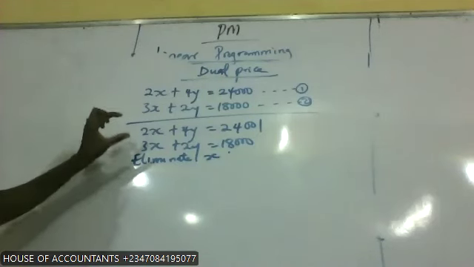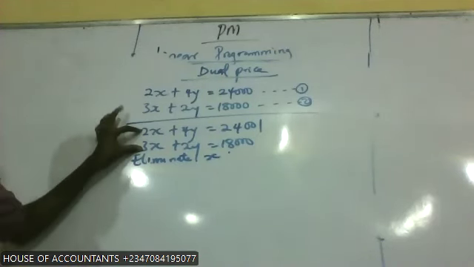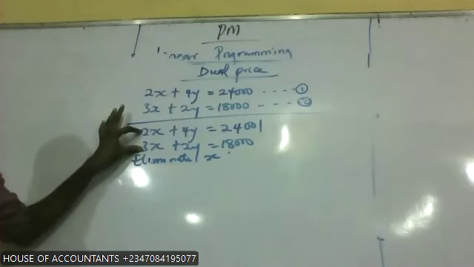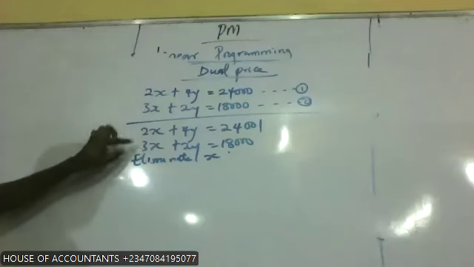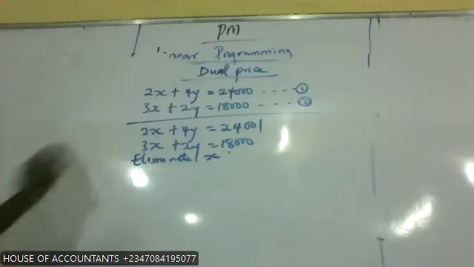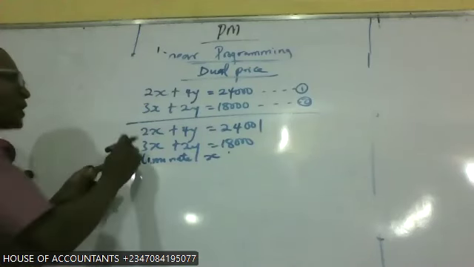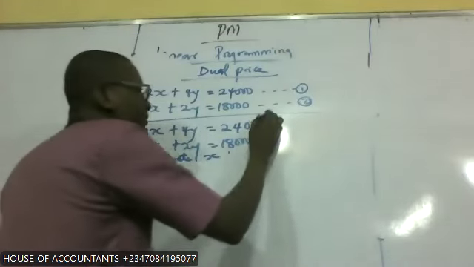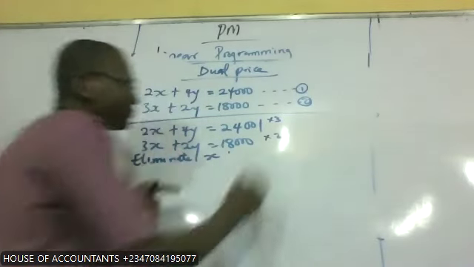So my aim is that these two figures should look alike. And the only thing I can do to make them look alike is multiply 3 by this and multiply 2 by this. By that, they will look alike. So I will multiply everything here by 3, and multiply everything here by 2.